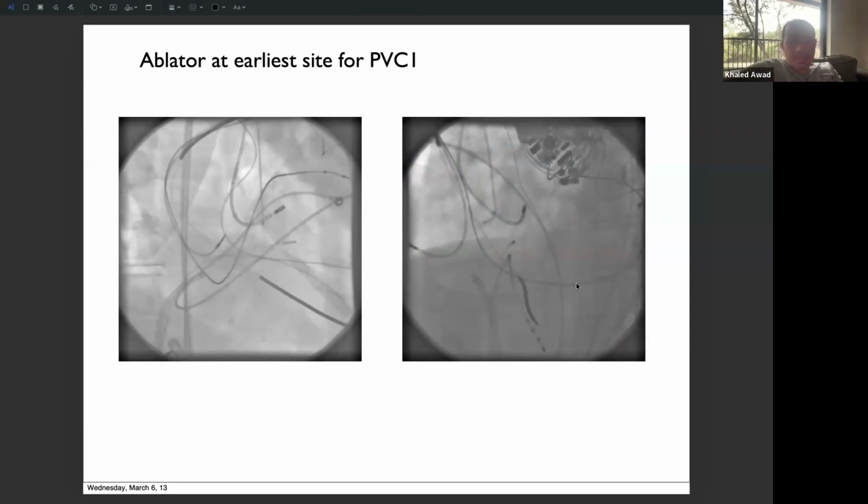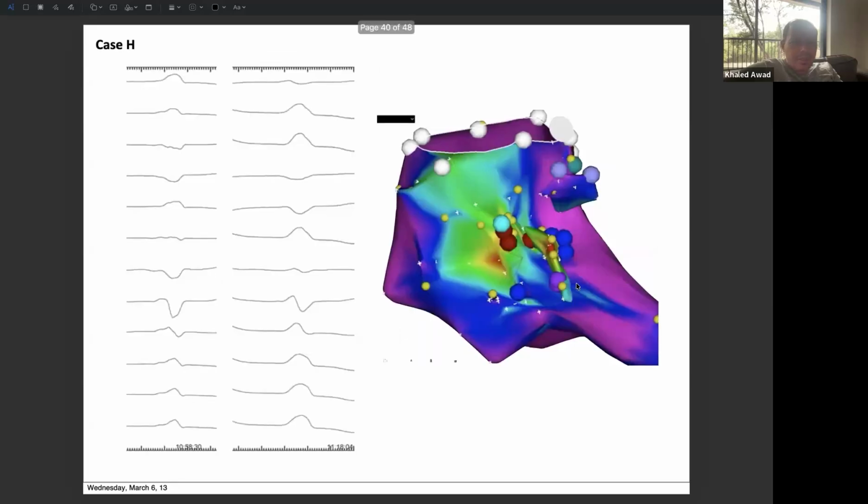This is sort of ablating those 2 PVCs we saw. And one of them was, again, like I said, lower. I think this was actually ablating in the LVOT, and it was probably more like at the junction of the right and left outflow tract, right and left coronary cusps.